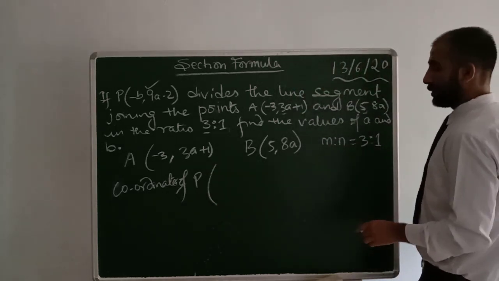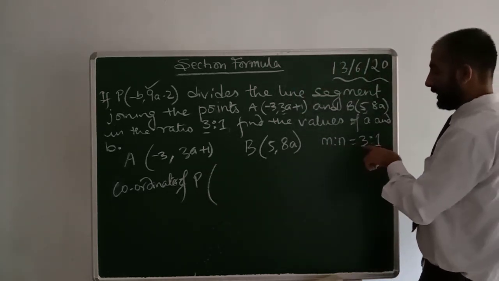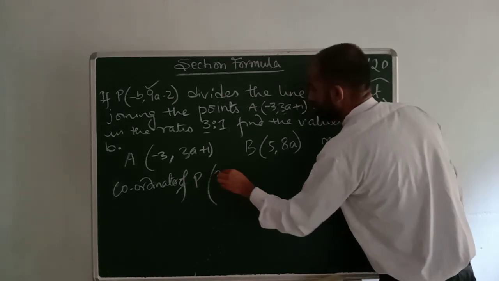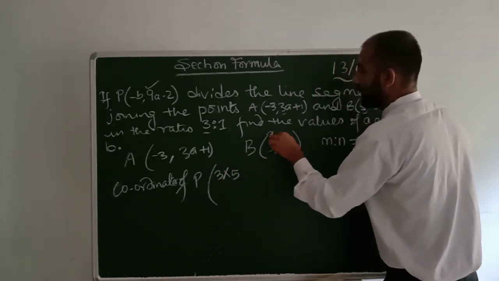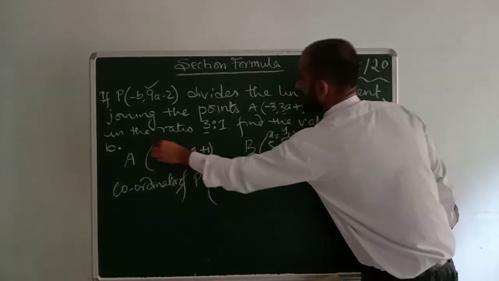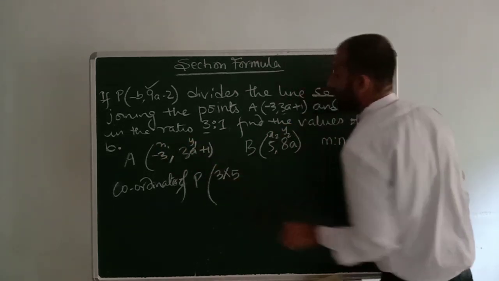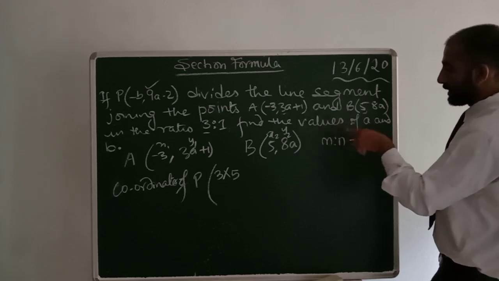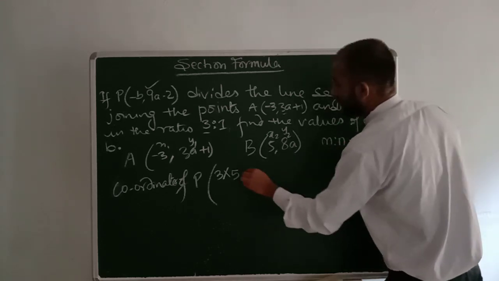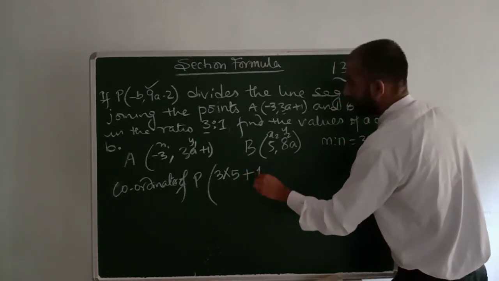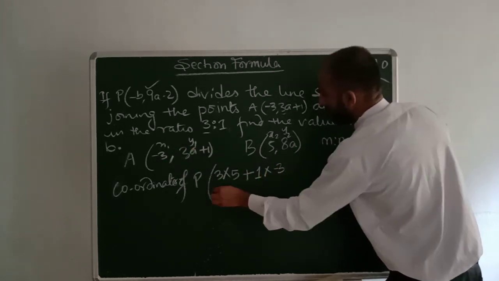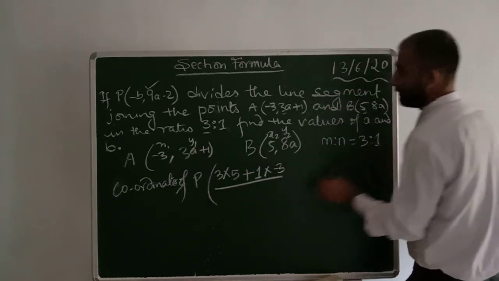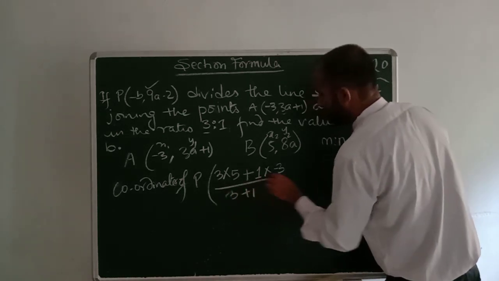Coordinates of P, section formula. So m x2 plus n x1, that is m is 3, x2 is 5. Okay, let me make it easy for you. This is x2 y2, this is x1 y1. m x2 plus n x1, x1 is -3, by m plus n, that is 3 plus 1.